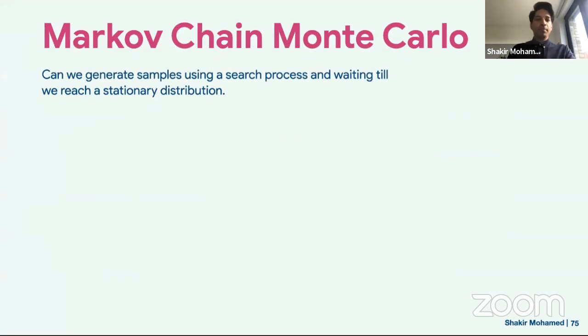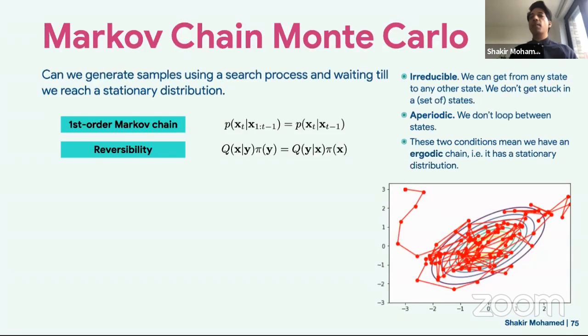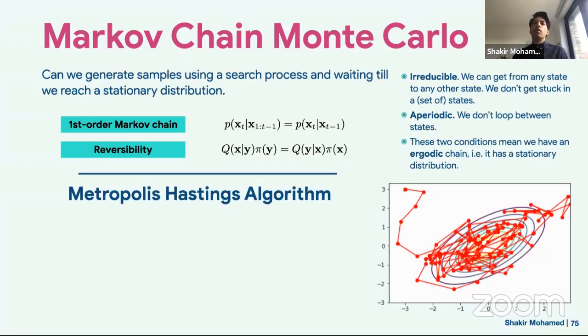Okay, so that was these properties of Markov chains. I'm not going to say much more than that, but if you have these two properties, we can immediately create a very simple algorithm for sampling from a distribution, which will be called the Metropolis-Hastings algorithm. You can think of this as a way of creating a randomized search process through a space of probabilities.